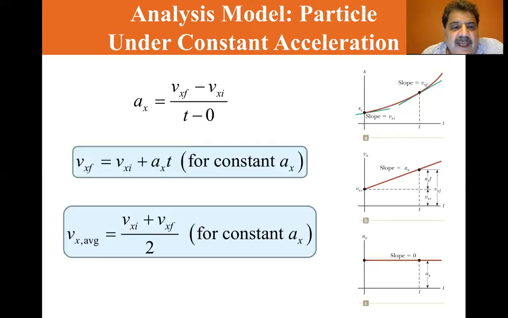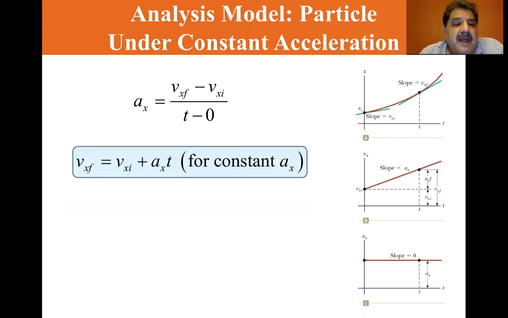You can rewrite that, solving for vx final. Vx final is equal to vx initial plus acceleration in the x direction times t, for constant acceleration. We can determine the object's velocity at any time t if we know the object's initial velocity, vxi, and its constant acceleration, ax.